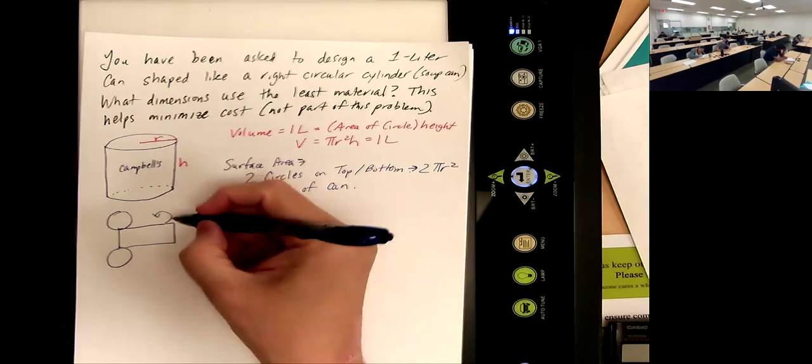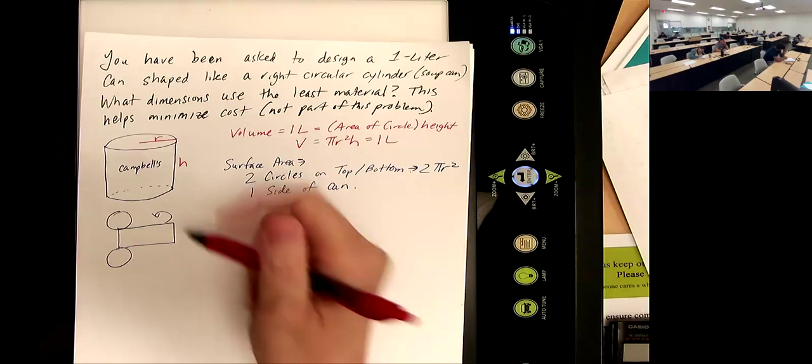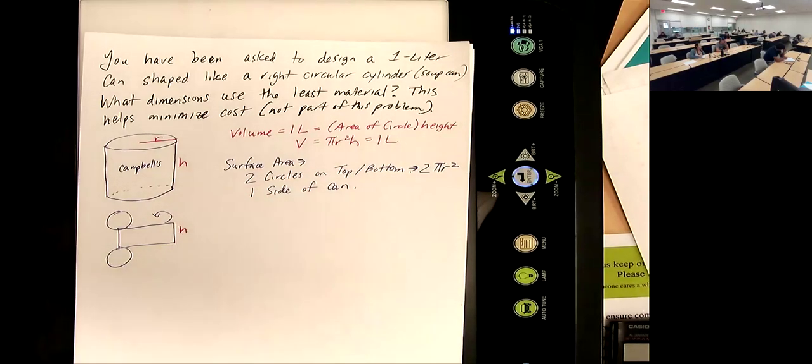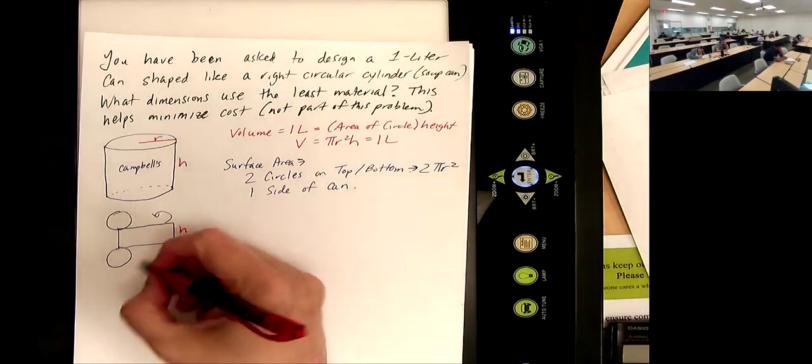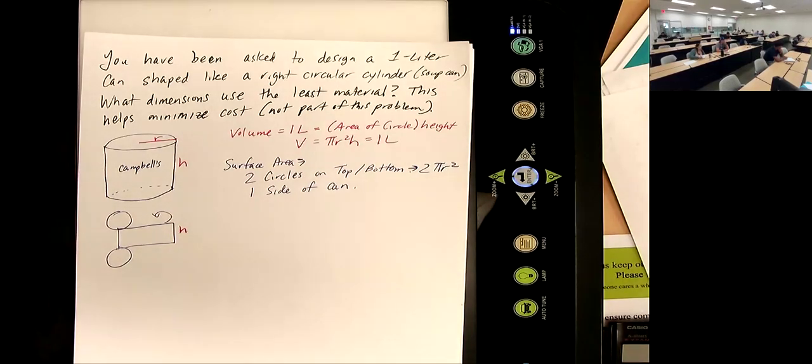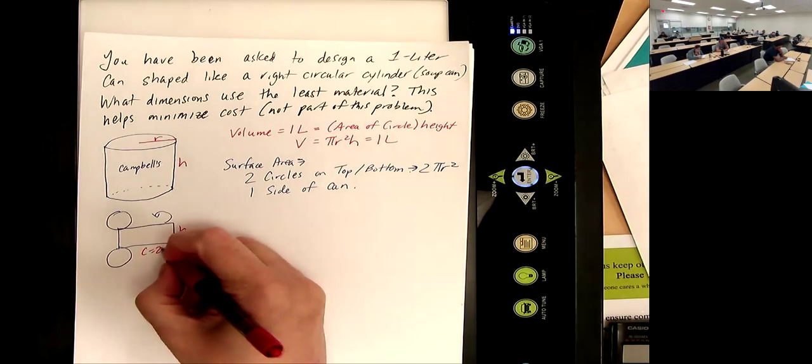The height we have. What's the length here? It's the circumference of the circle, right? If we straightened out the circle on the edge, it would give us a circumference. What's the circumference of a circle though? C equals 2 pi r, yeah.